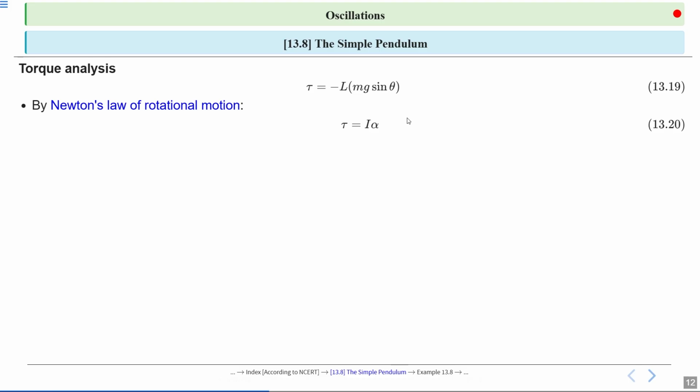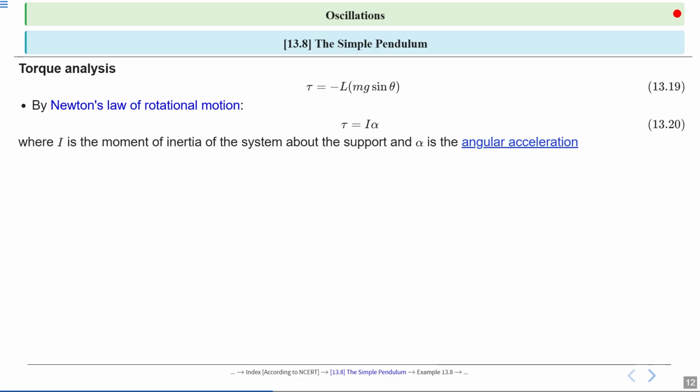Now connect this to Newton's law of rotational motion. This law says that torque tau is equal to the moment of inertia times alpha, the angular acceleration. Here I want to clarify the terms.